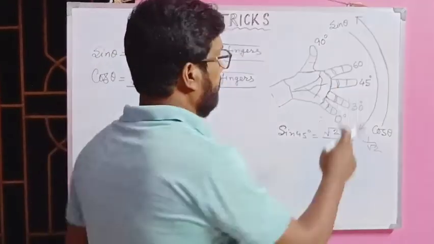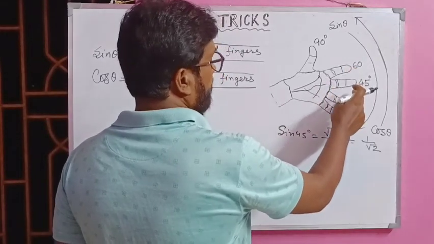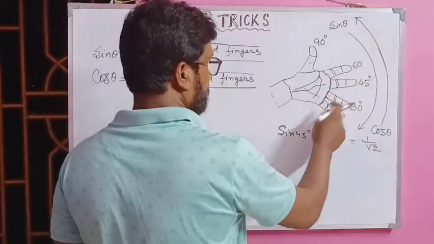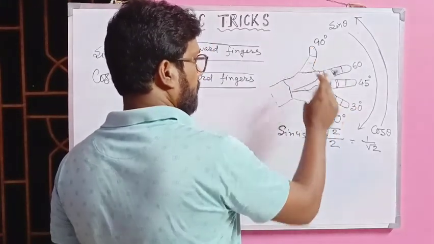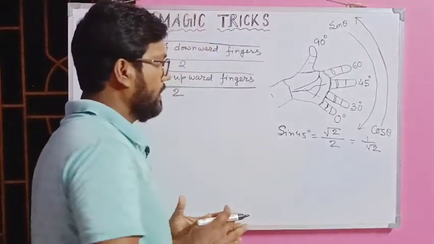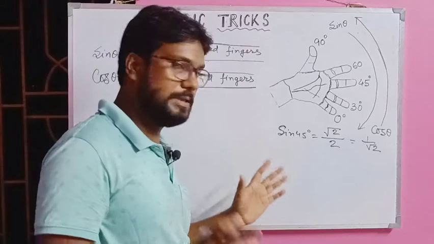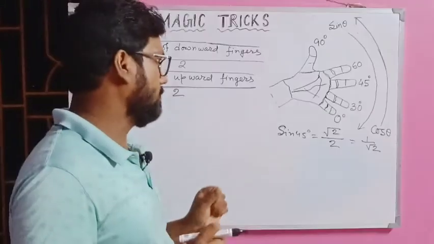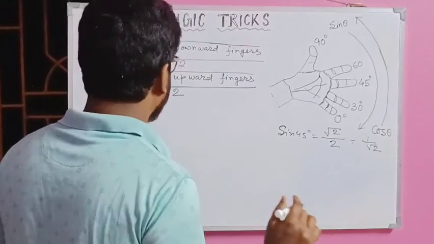When we calculate the value for 60 degrees, we count the fingers in the downward direction, 1, 2, 3, and in the upward direction there is only 1. In this way we can get every single trigonometric function value. So let's go.